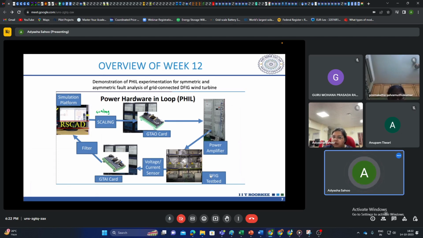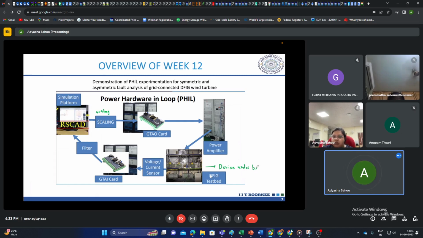The power amplifier is needed because here you will get a very small amount of voltage, which cannot drive this. Basically this device is your device under test. If you remember from the previous lecture where we talked about this PHIL, there we had studied that we have a device under test, and so here the device under test is your DFIG.